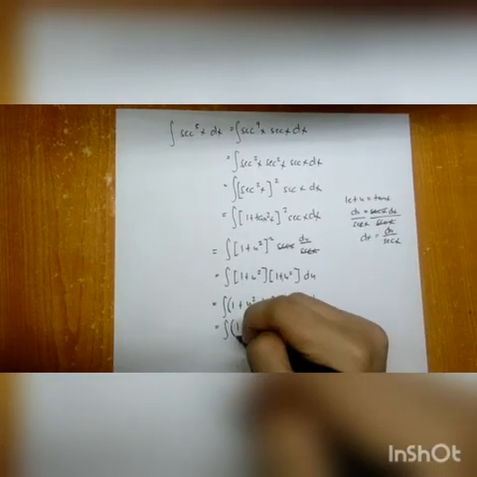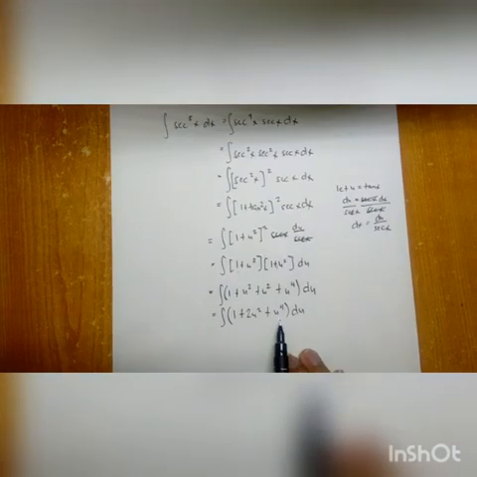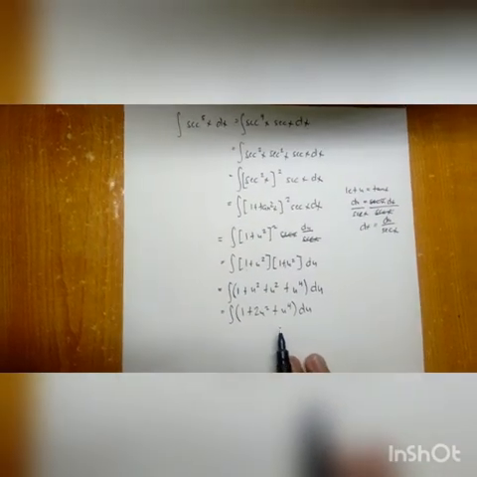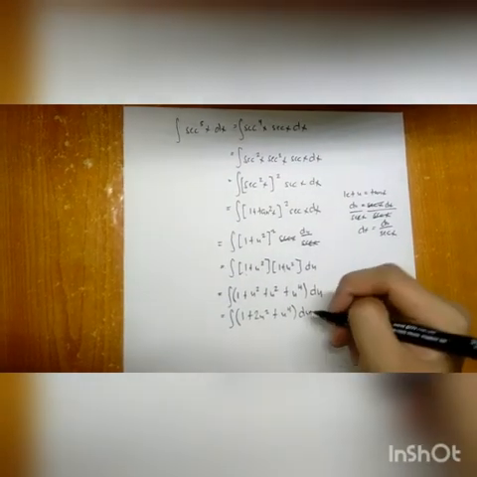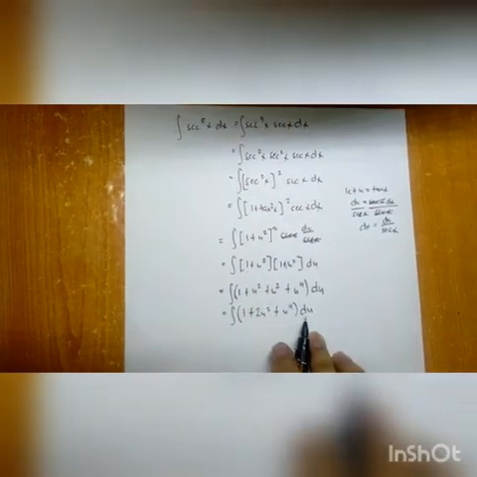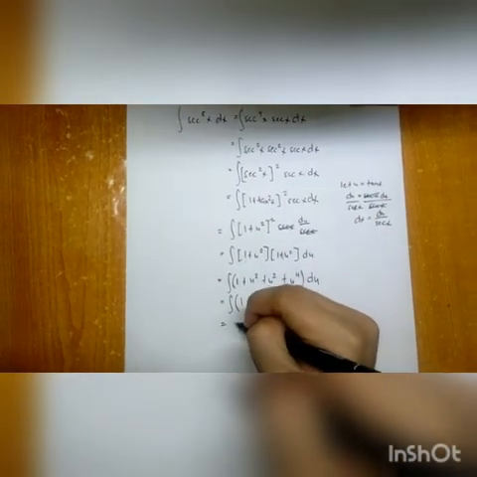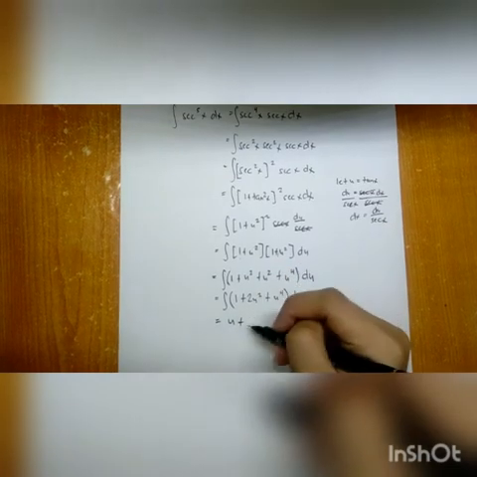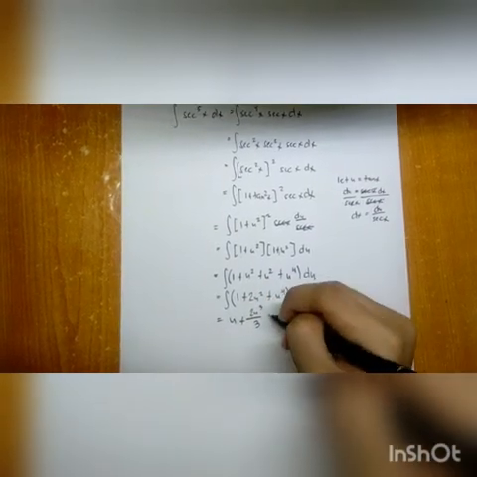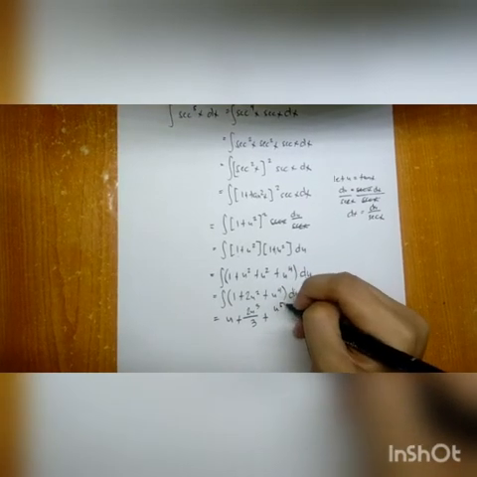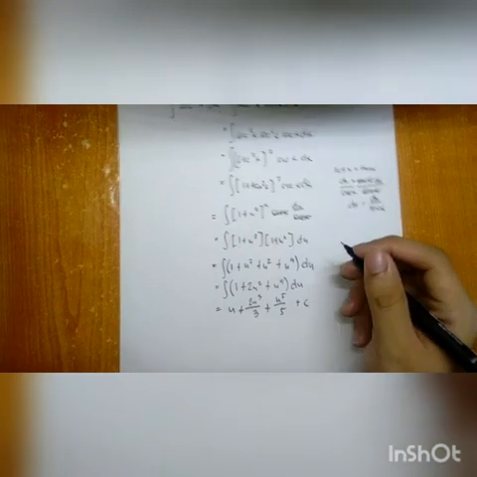Then find the antiderivative of this function. The antiderivative of 1 is u, plus the antiderivative of 2u squared, which is 2u cubed over 3, plus u to the 5th over 5, plus c.